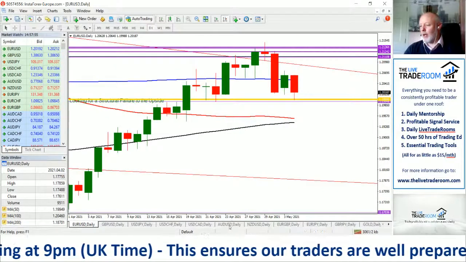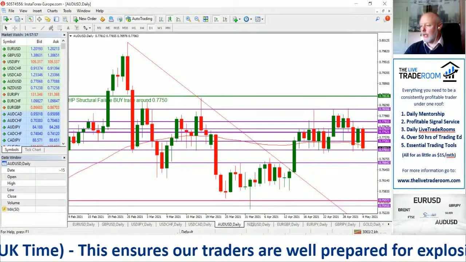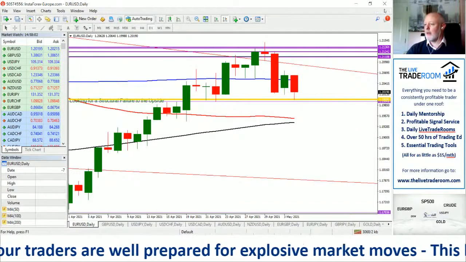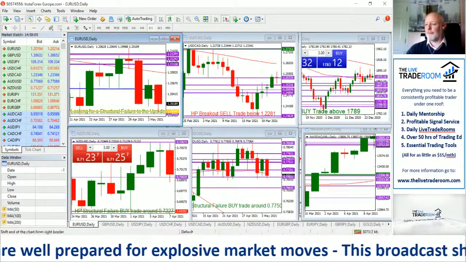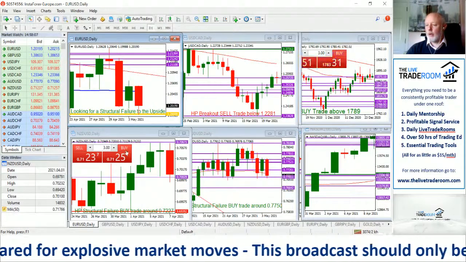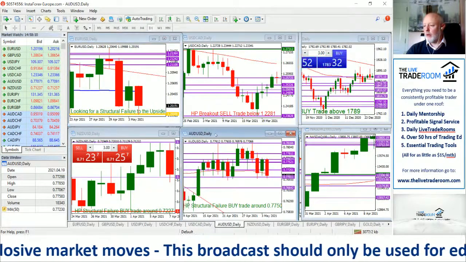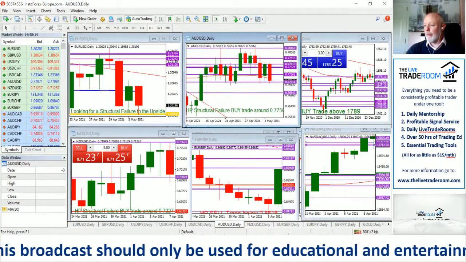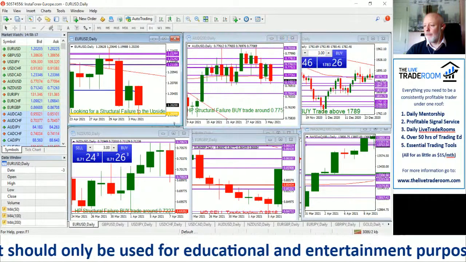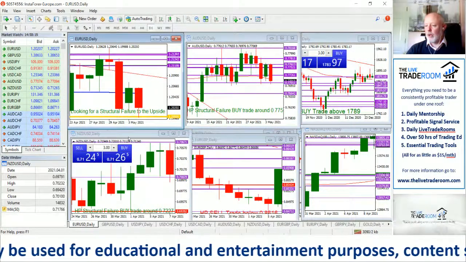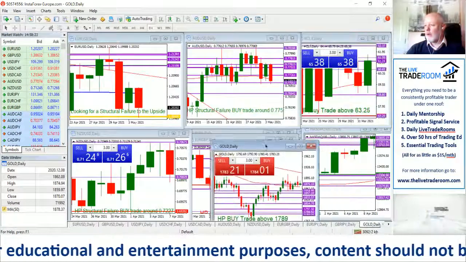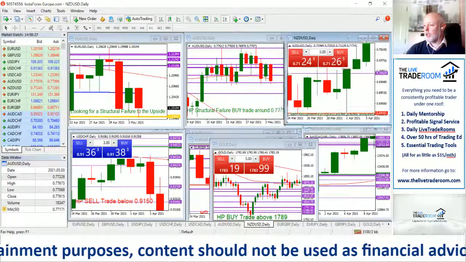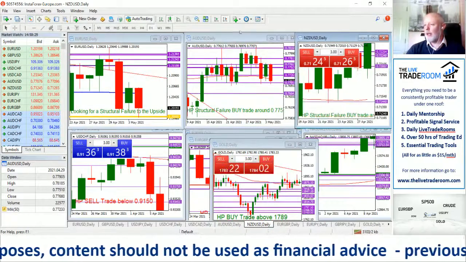So let's look at the euro dollar to the downside, the Aussie to the downside, and the New Zealand to the downside. So let's put these markets into play. Okay, so what we'll do is we'll put the dollar pairs just along the top, and we can just keep an eye on these.